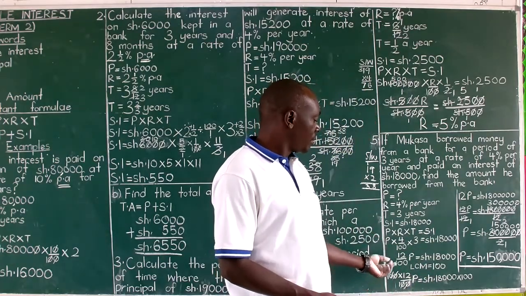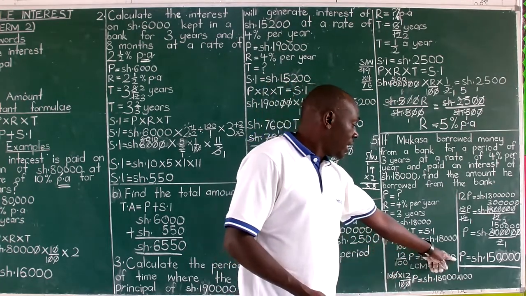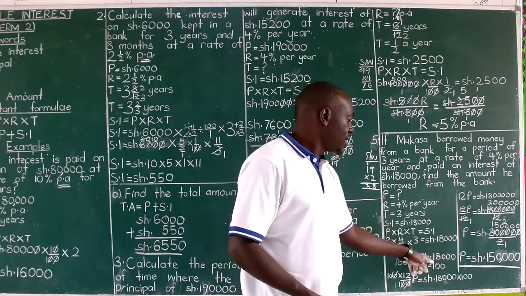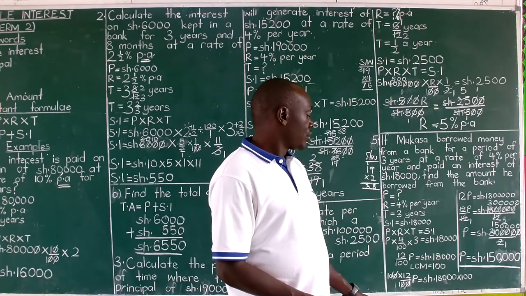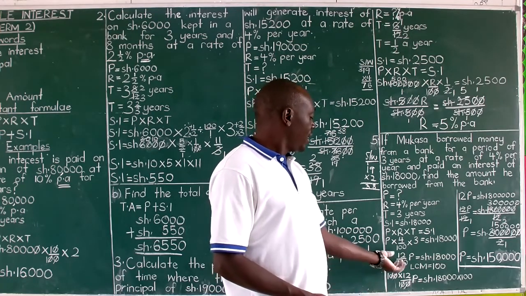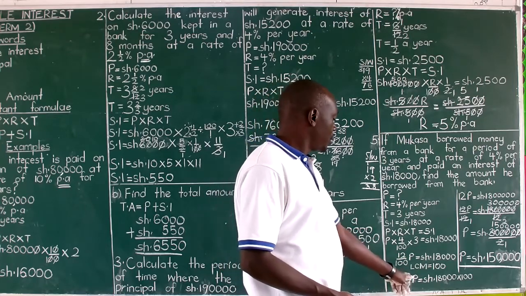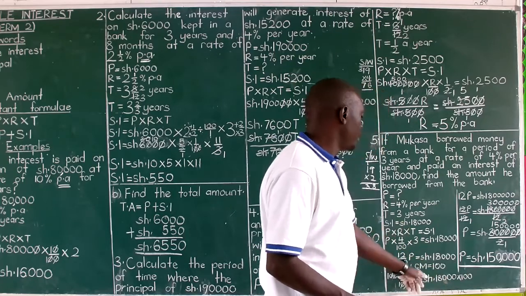Now find the LCM. LCM is for denominators, remember? Any number that doesn't have a denominator is out of 1. So this side is out of 1, that's 100 and 1. So the LCM is 100. So we multiply both sides each by 100: 100 times 12P out of 100 equals 18,000 times 100 shillings.